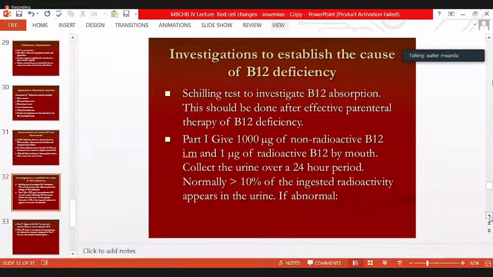Two, we may have gastritis. Three, we may have achlorhydria, low pH in the gastric juice, or reduced gastric juice. These are found in pernicious anemia.